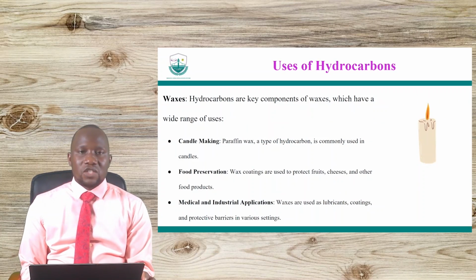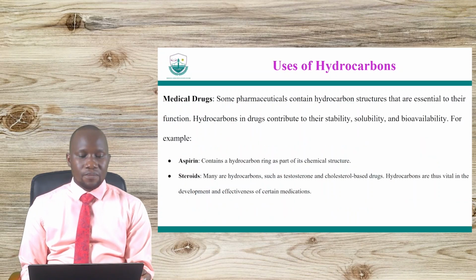And the candles that you use for your birthdays are made from hydrocarbons. The dark wax can be used for a number of uses. Some of the drugs that we take also contain hydrocarbons, and these protect the drugs by maintaining stability, solubility, and bioavailability.